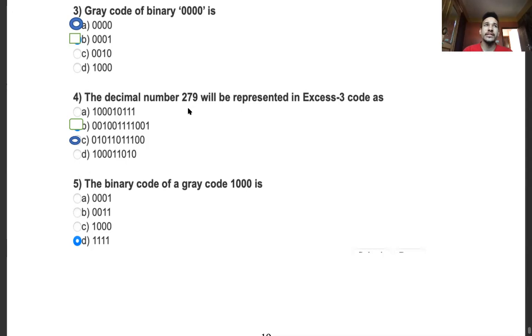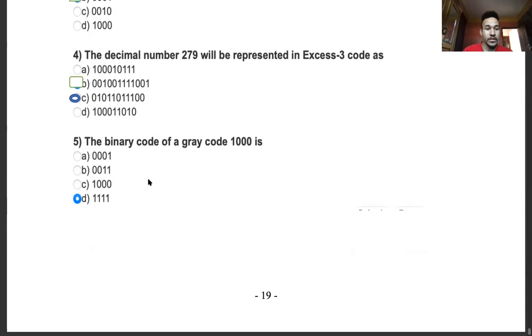So 3 in binary is actually 0011. So when we add it we get the answer, 010110111100.